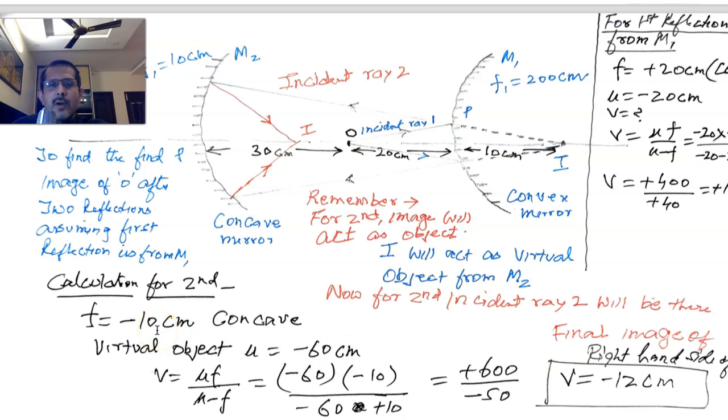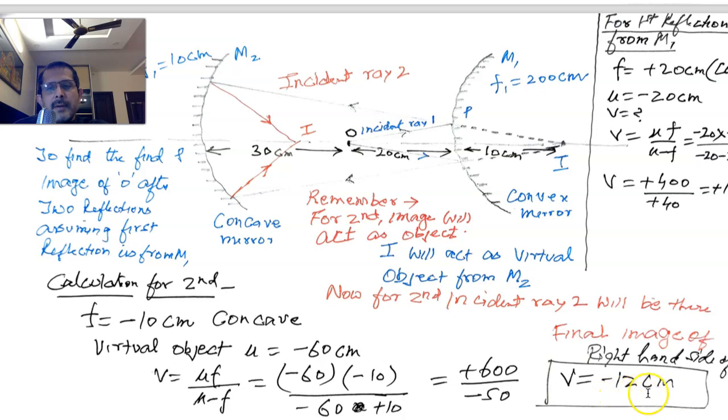Focal length for concave mirror, as you know, it is minus 10 centimeter. Why? Because if you complete this sphere, the focus is somewhere inside, and pole to focus would be in this direction. So it will be minus. Okay, minus 10 centimeter. Using this formula, we can get v is equal to minus 12 centimeter.